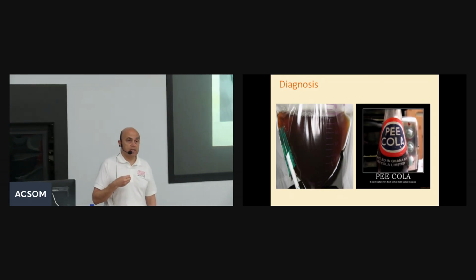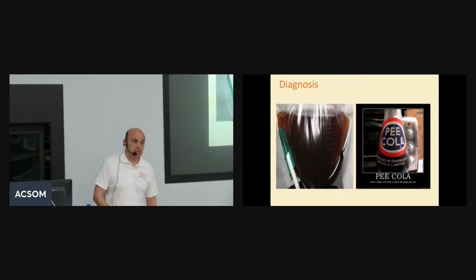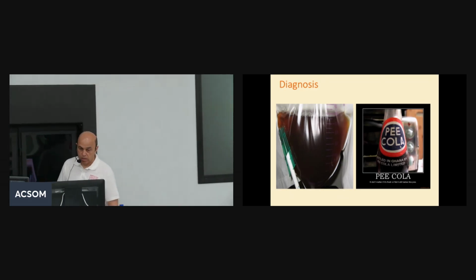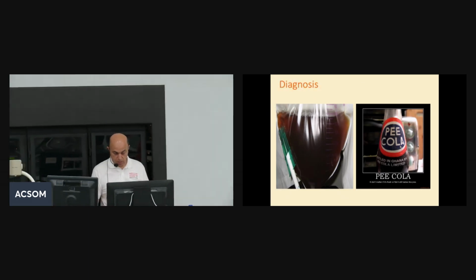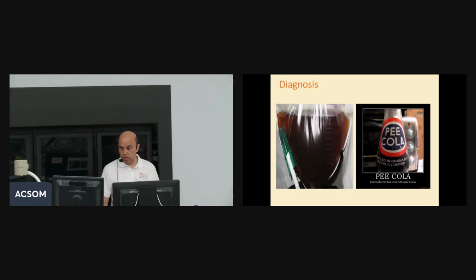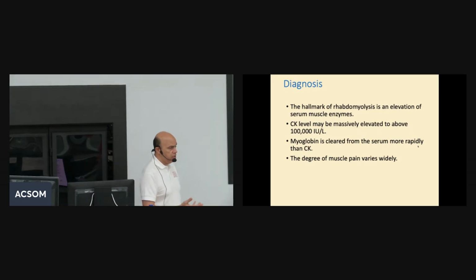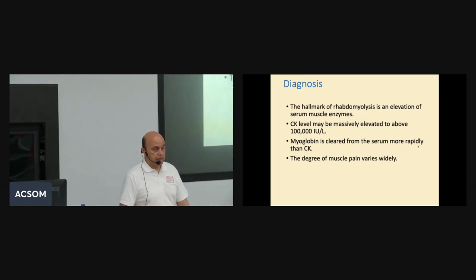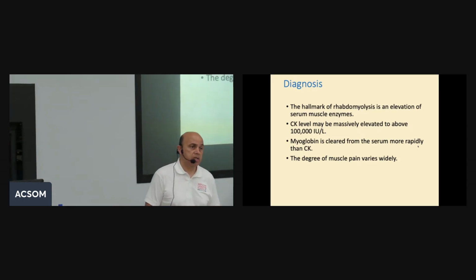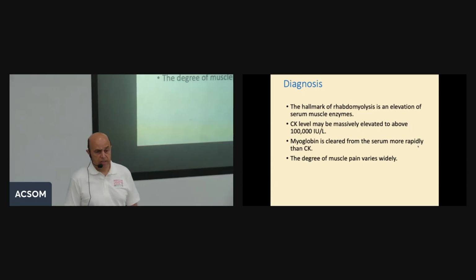One of the first signs that you may see is the urine becomes like Coca-Cola. So cola-colored urine is one of the signs of rhabdomyolysis.